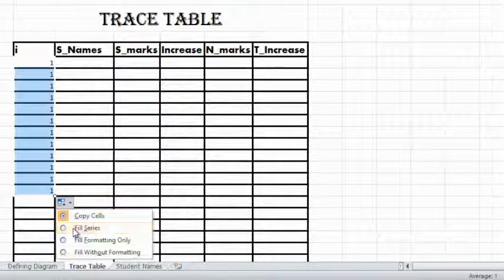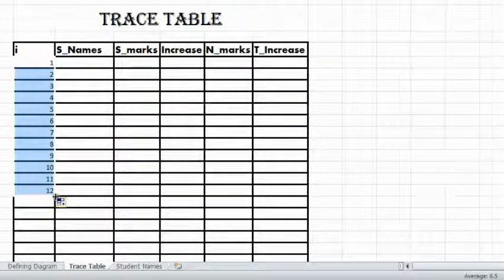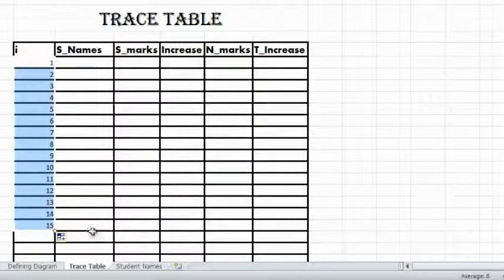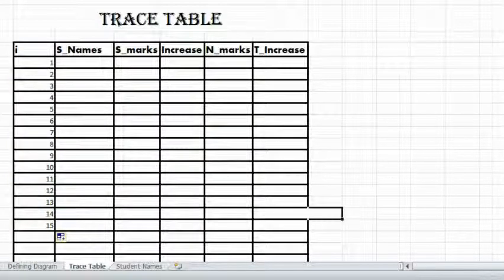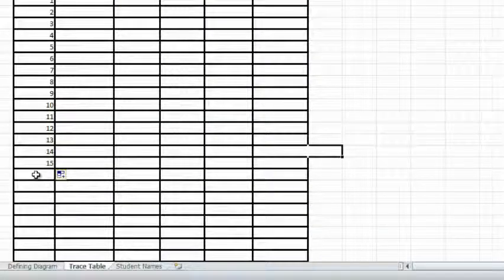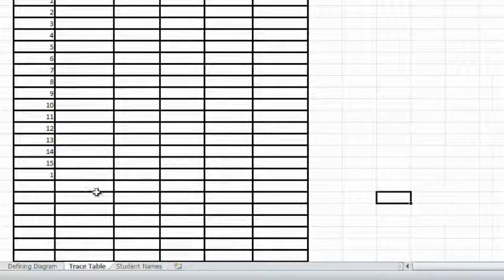Let us get 3 more. There we go. So I have my 1 to 15, that's my first loop. And then on the side I will do my second loop, again starting at 1 and dragging it down till I get 15.